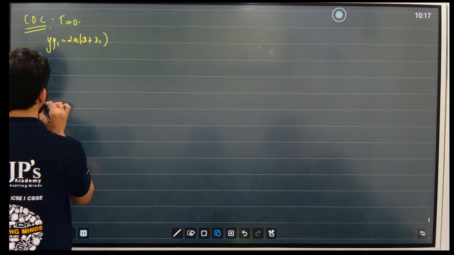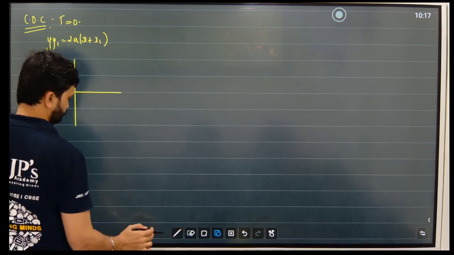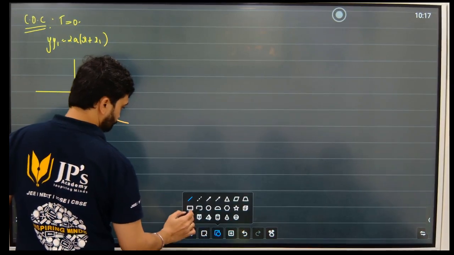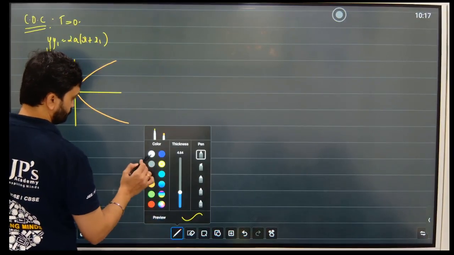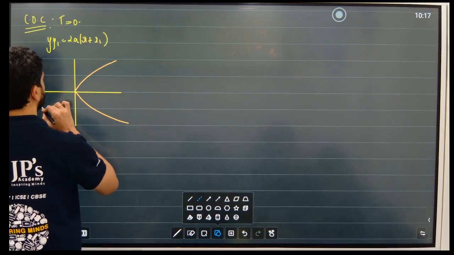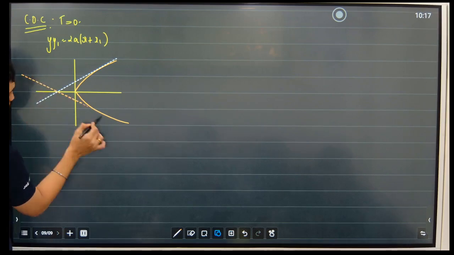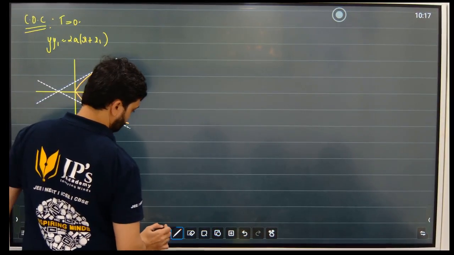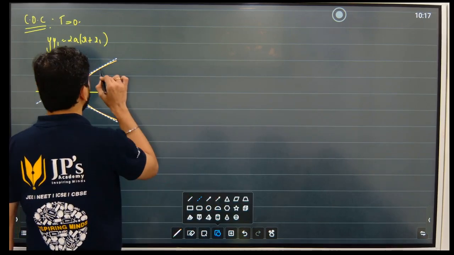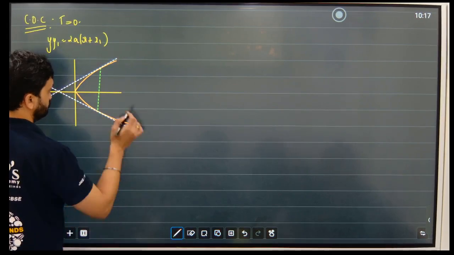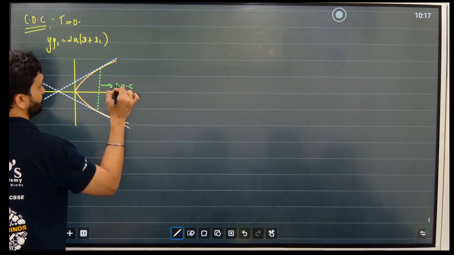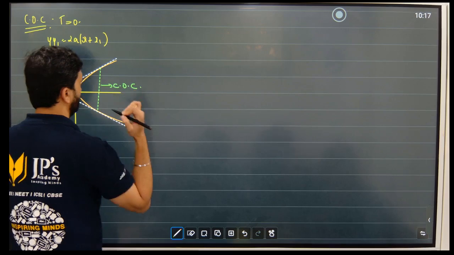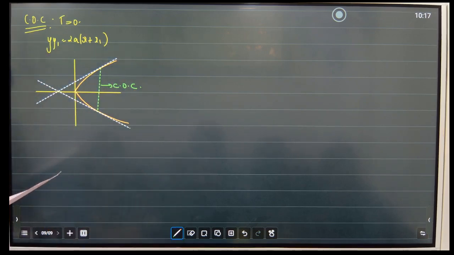You understand what the chord of contact is like this. This is a chord of contact, COC.